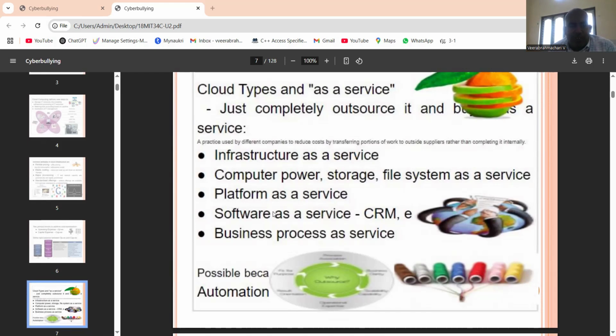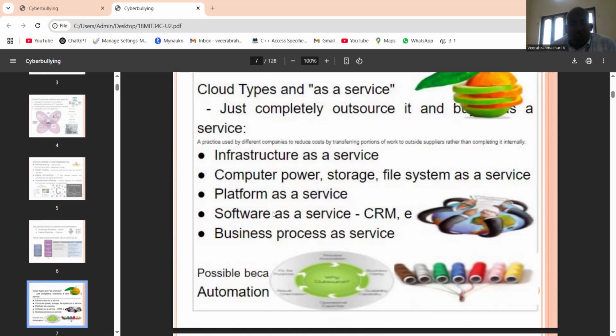Infrastructure means they provide various infrastructure services to the computer system, related to computer power, and storage, meaning the amount of data that can be stored in the computer, in bytes, kilobytes, megabytes, and gigabytes.